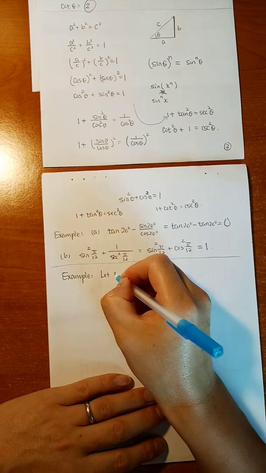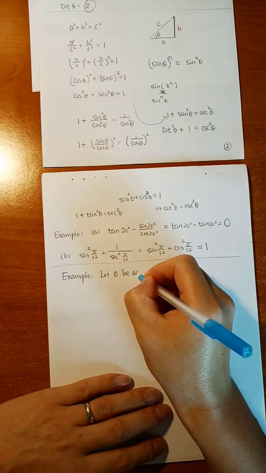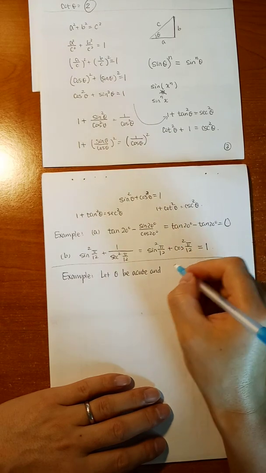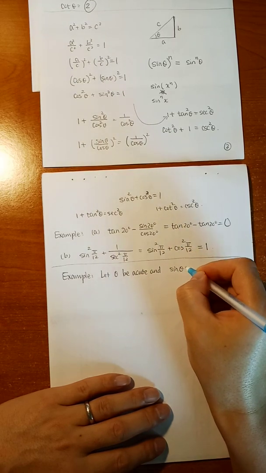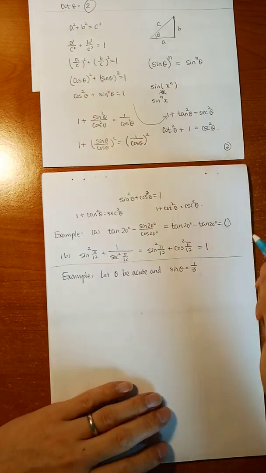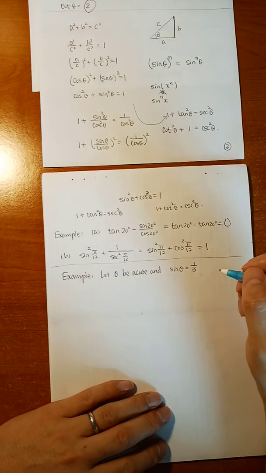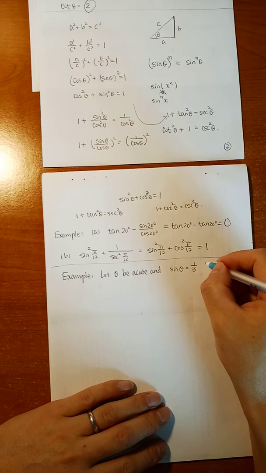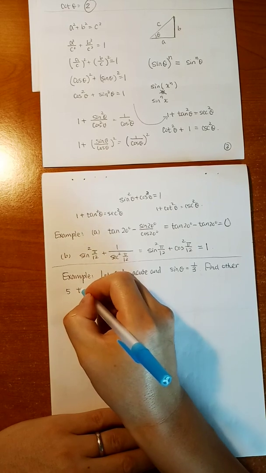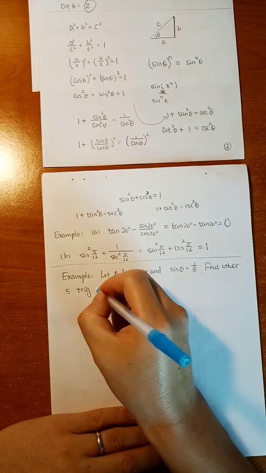Let theta be acute and sine theta is 1 over 3. Let's try to find the other 5 trigonometric values.